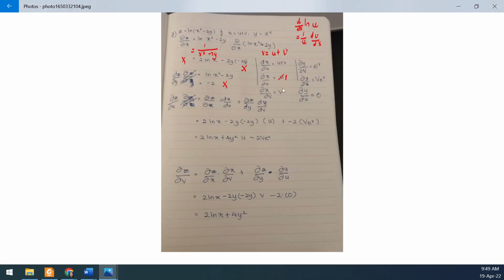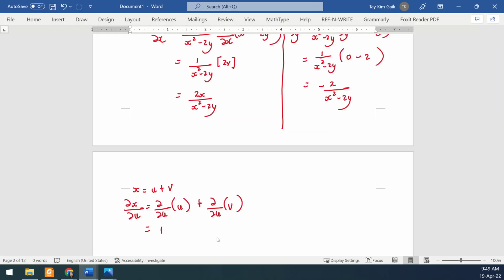So this is wrong. This is also 1. Therefore your del x del v is del del v of u. When you del del v, u is constant, so this term is 0. Plus del del v of v.